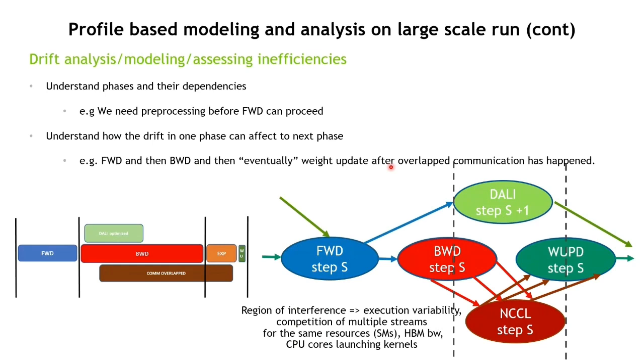In regards to the execution of stages and their dependencies, we can see in the following diagram that the forward stage is followed by the backward stage, and as soon as the backward stage is started, we can execute concurrently the pre-processing of the next batch of images to be consumed by the forward stage of the next training step.